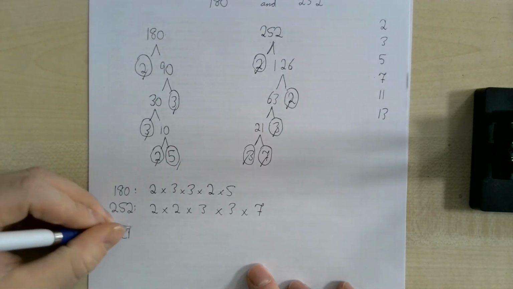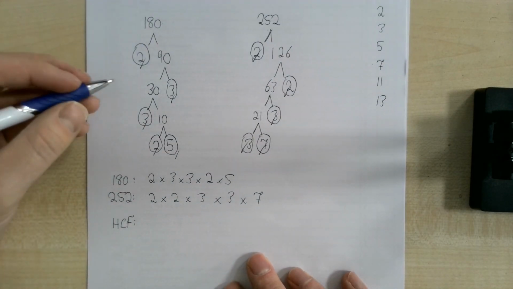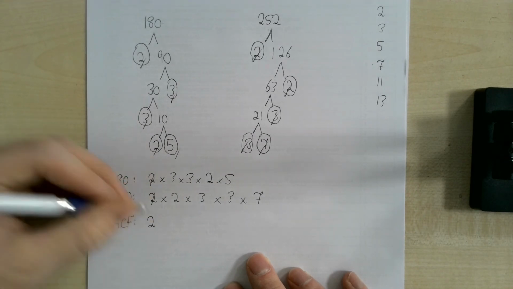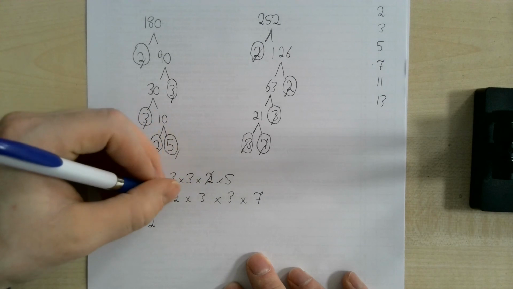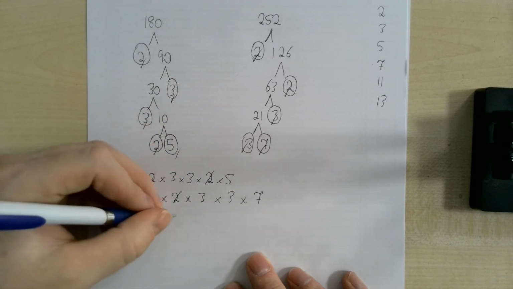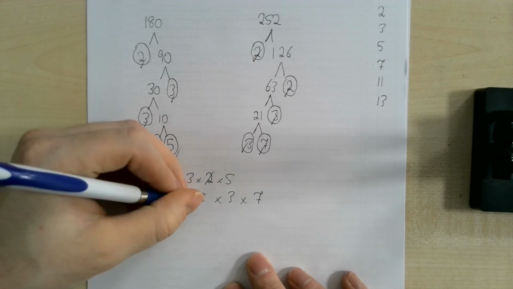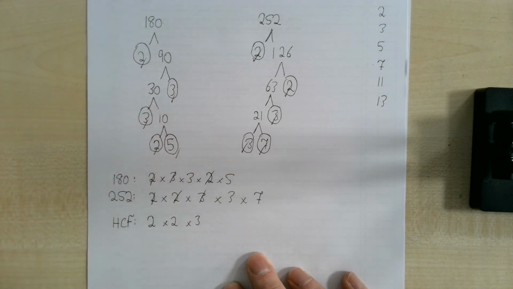HCF we begin with. It's the easier one, it's going to be the smaller answer as well. So I've got a pair of 2s common to both, so I write it down once. I've got another pair of 2s common to both, so I write it down once. I've got a pair of 3s common to both, so write it down once.